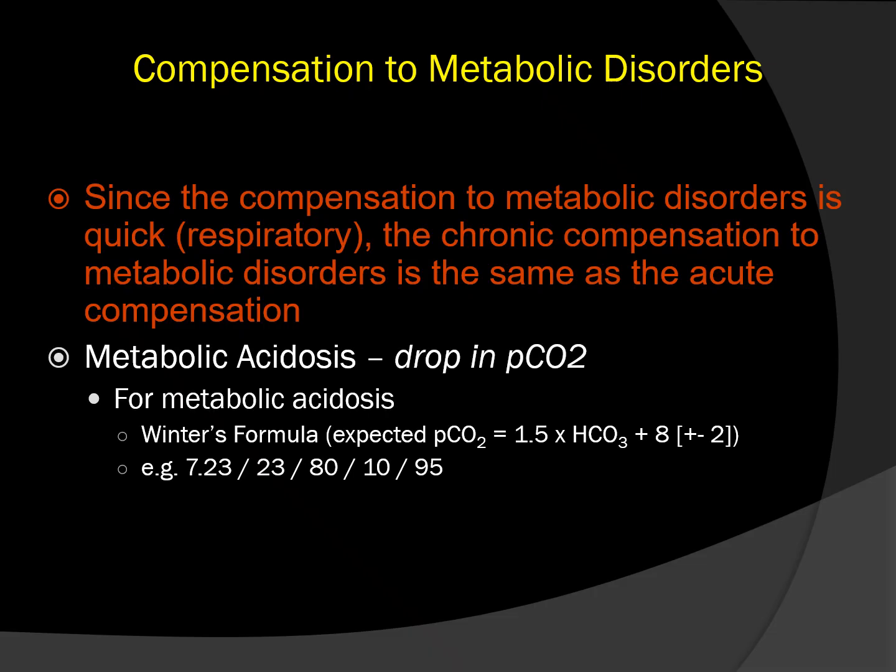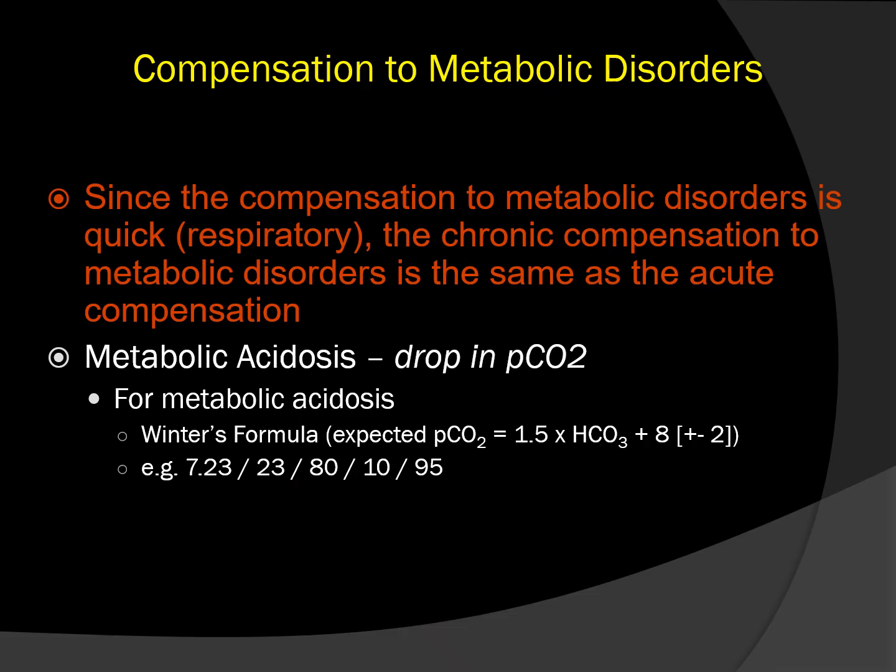So in a metabolic acidosis, whether it's acute or chronic, the compensation is respiratory and the patient hyperventilates to drop their PCO2. So for metabolic acidosis, we actually can predict how low the PCO2 will go by using Winter's formula, or also called Winter's prediction.